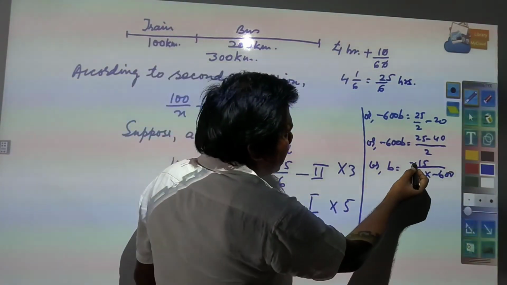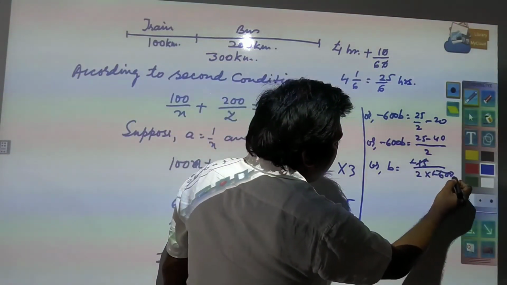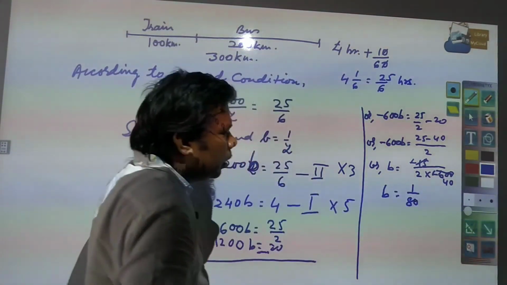And if you are cancelling this, minus and minus will be cancelled. 15 4 is 60, so b is equal to 1 by 80.